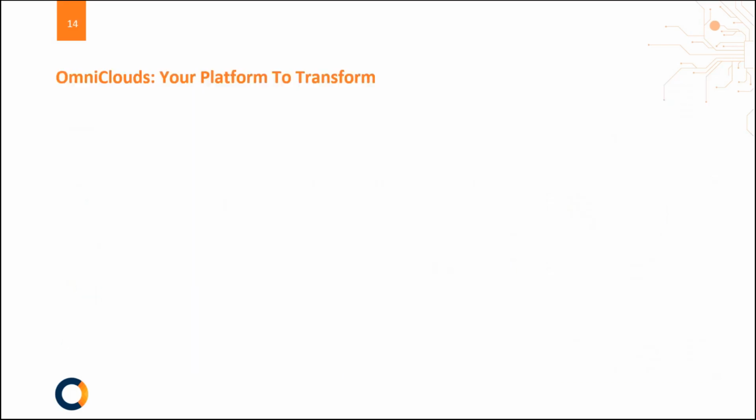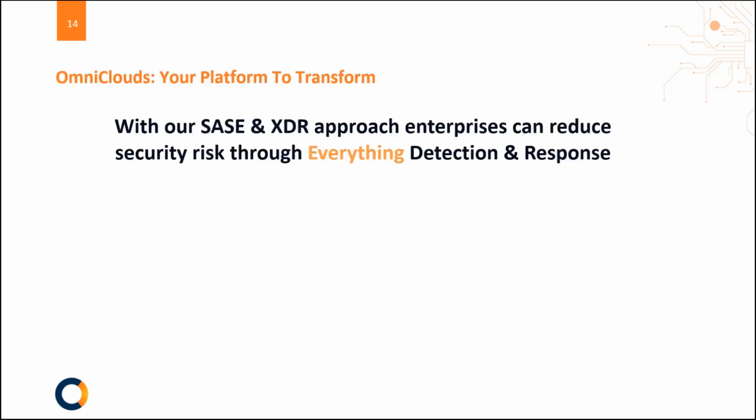So the key takeaway from this session, of course, is SASE, which is helping customers to enforce modern security solutions at their edges, and then XDR to give detailed visibility into the networks, which can be extended even to the LAN segments or data centers to give what we call extended detection and response.